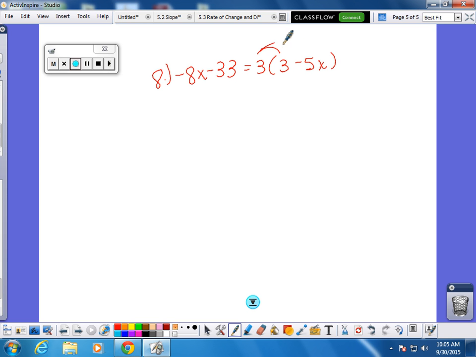I've got some distributive property. And honestly, what you said, messing up on this distributive property right there is a good place to mess up. Alright, we'll add 15x to both sides.